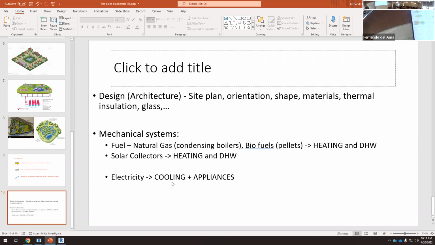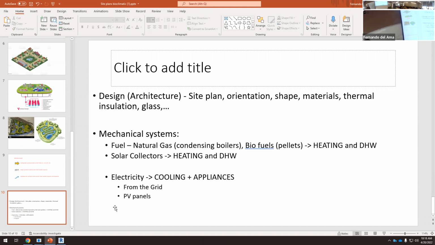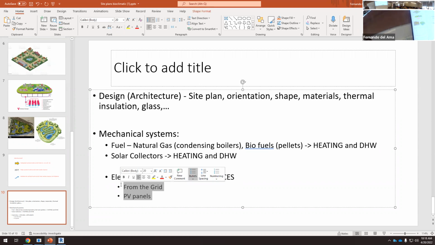And we have electricity from the grid. Or we have electricity from PV panels. And we are not in the middle of nowhere in any of the buildings that we are designing.